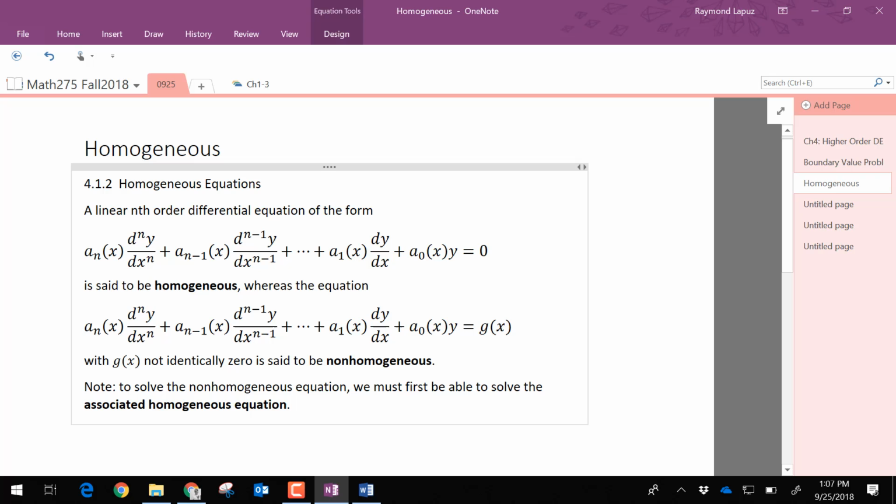So a homogeneous differential equation is to say that your linear differential equation on the left-hand side is set equal to 0.